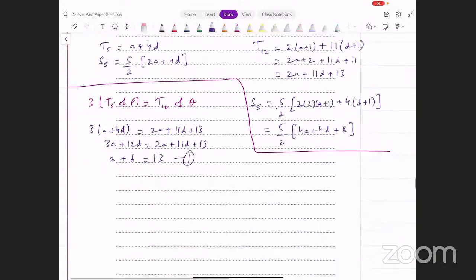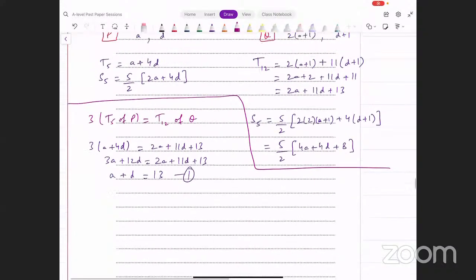This is equation 1. Let's make another equation from the other relationship that we are given.